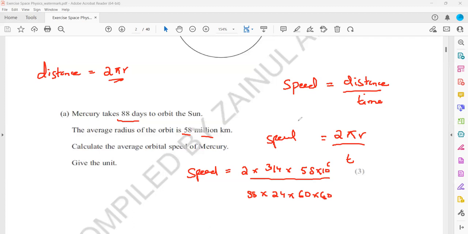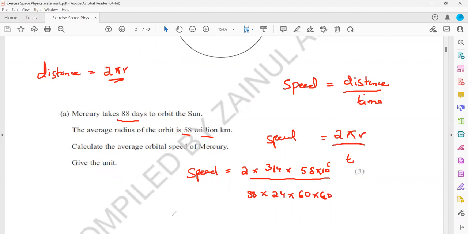How many seconds are there? It's 7603200. Okay, so that is the total time it took.